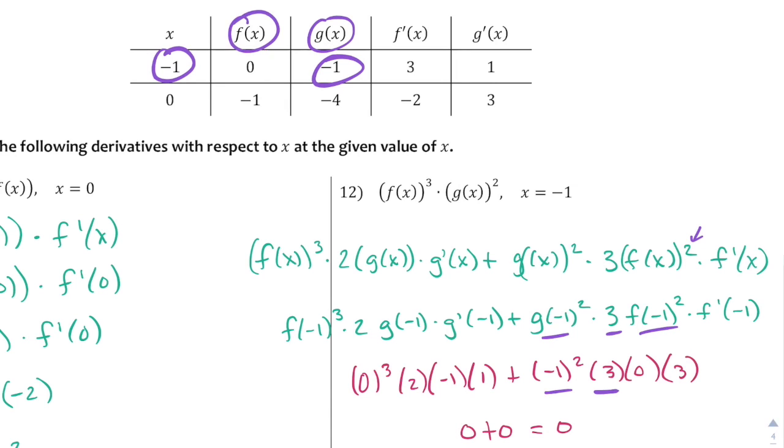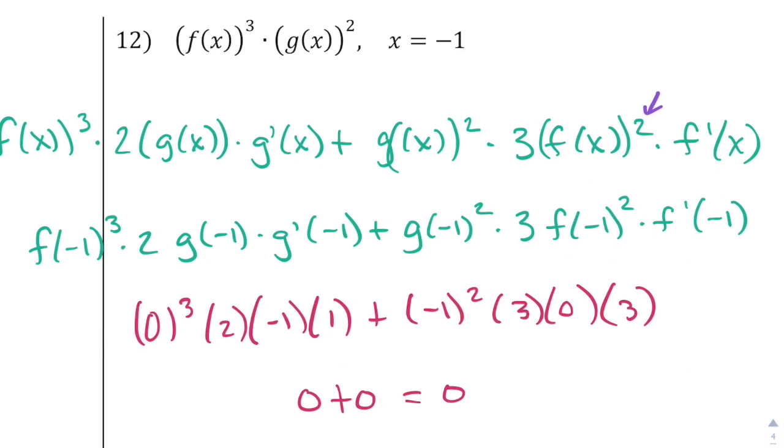F of negative 1 squared is 0 squared, or 0, and it doesn't matter if there's a square there or not, because 0 times anything is 0. So the last one, f prime of negative 1 is negative 3, is positive 3. So really, there should be a square there. I'm going to put the square there anyway, just so it's consistent.